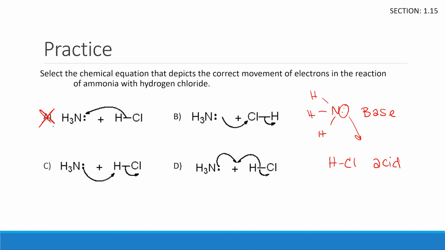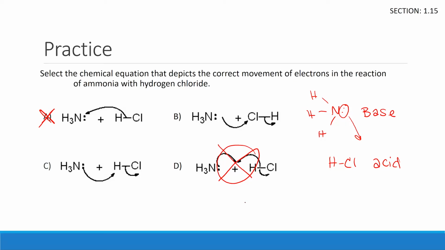Option B has movement from the base to the acid, and so does C. And D kind of has this weird movement from the base to the middle and from the acid to the middle, which I'll tell you right now, you will never see in organic chemistry. So this option is also not a valid option.